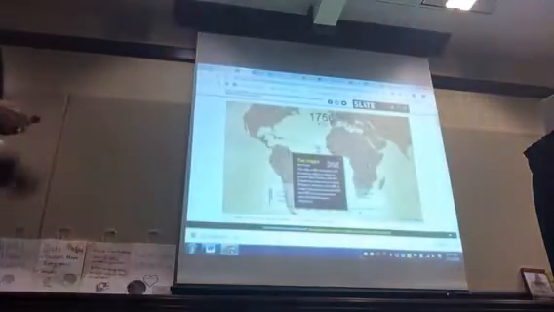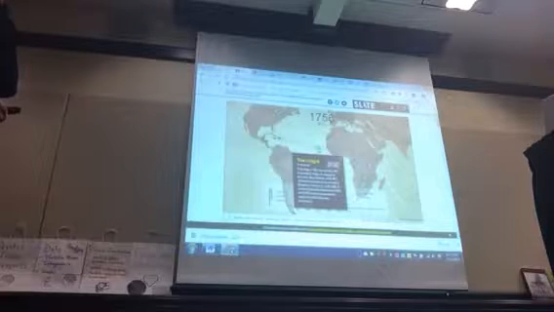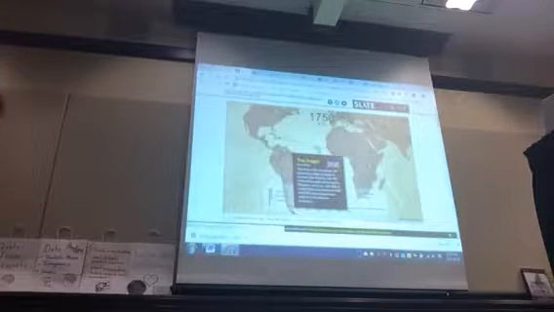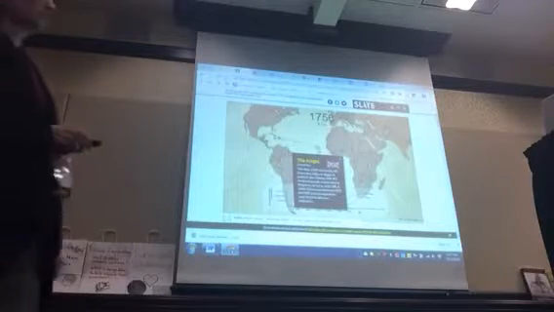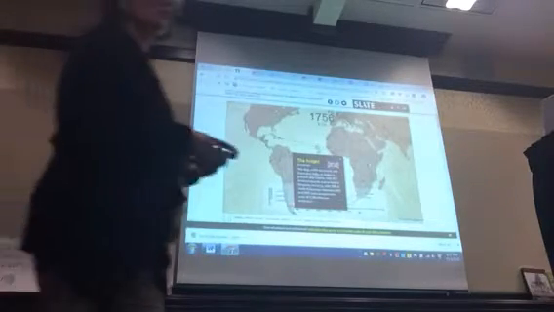It was 100 ton with 477 enslaved people. It arrived in Jamaica with only 390. And then you can click for more information. So, again, a very valuable exercise.